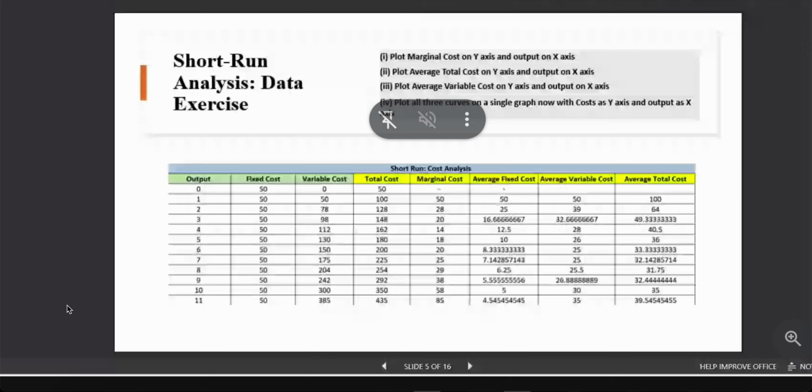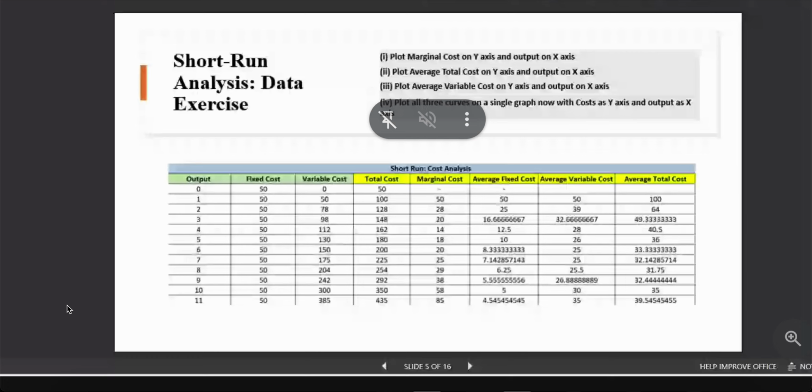And what is marginal cost? This is something very important, which might get confusing when the data is given. Marginal cost is nothing but the total cost at output 2 minus total cost at output 1, or total cost at output 4 minus total cost at output 3.